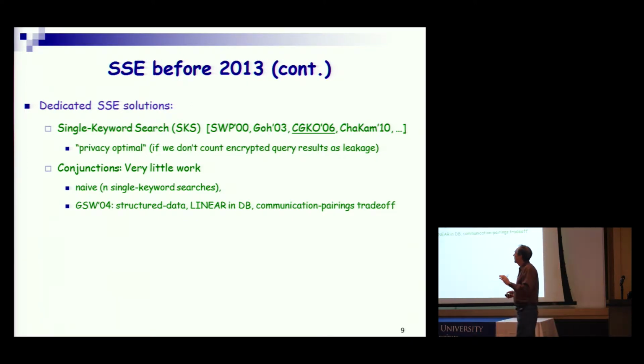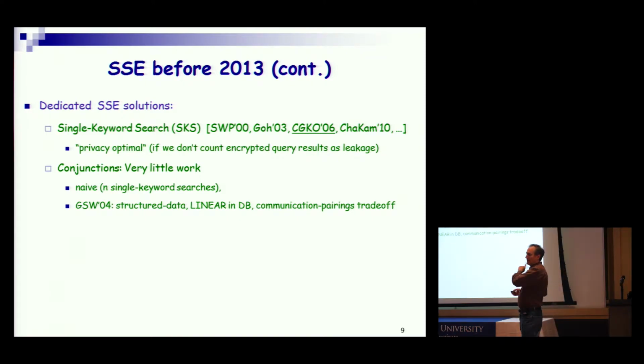For conjunctions, there was surprisingly very little work at the time, since of course you can solve it by doing n single keyword searches and finding the intersection. The only work that was more advanced than that is the work of, it's been too long since the last time I gave this talk, so now I don't remember.